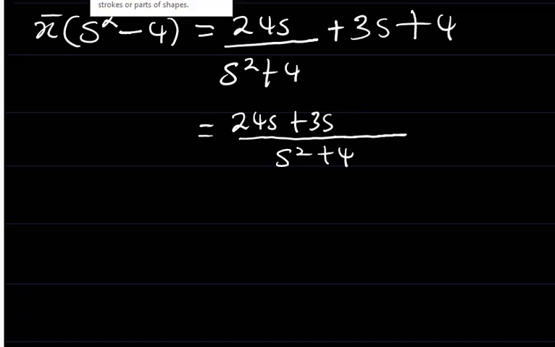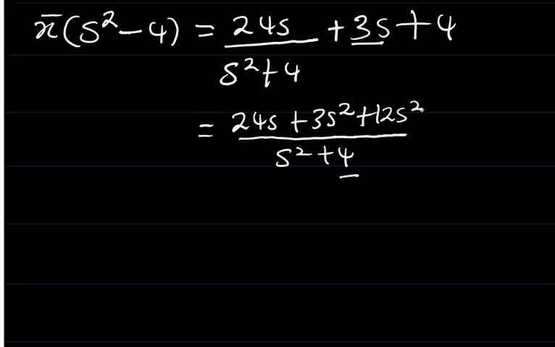So I can open that bracket. That's going to be 3s cubed, plus 12s, then that's going to be plus 4s², then plus 16. Of course you know exactly what I did there.